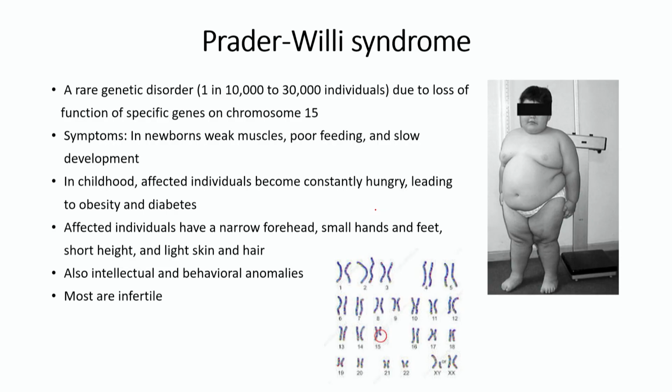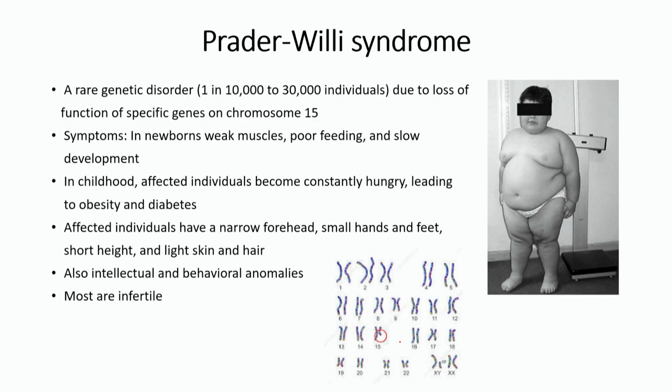So I'll go to one or two more, that is Prader-Willi syndrome. Here a small part of chromosome number 15 is deleted. This is a rare genetic disorder, 1 in 10,000 to 30,000 individuals, due to loss of function of specific genes on chromosome 15. A part of chromosome 15 is deleted. Symptoms in newborns: weak muscle, poor feeding, and slow development.